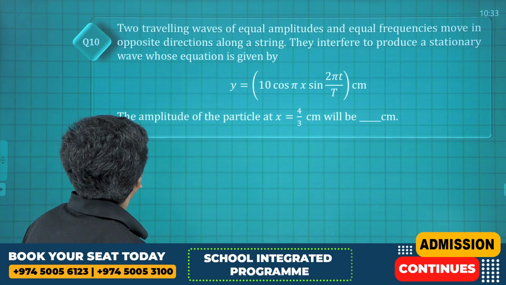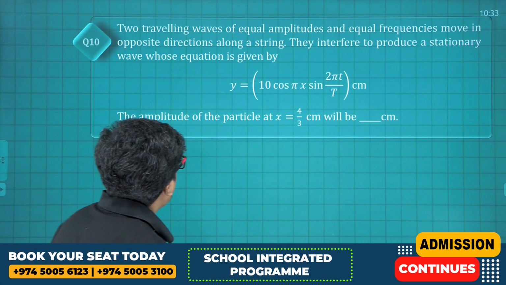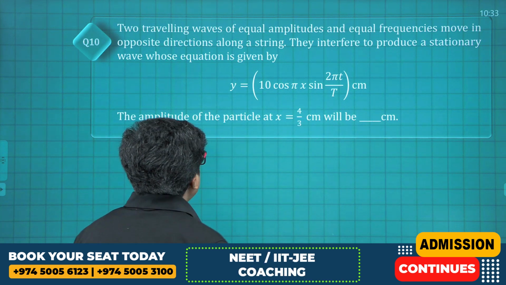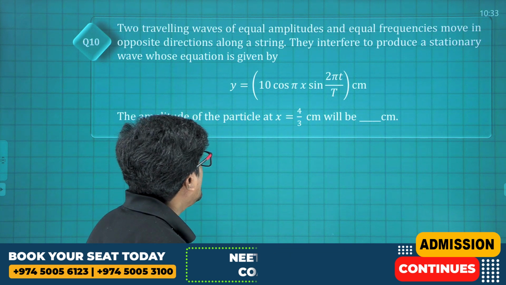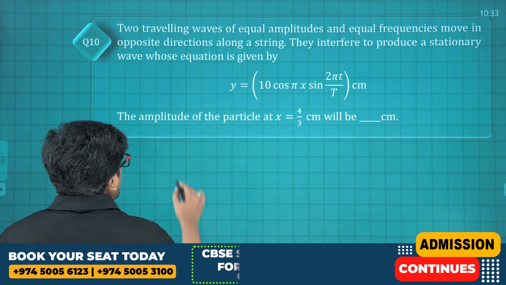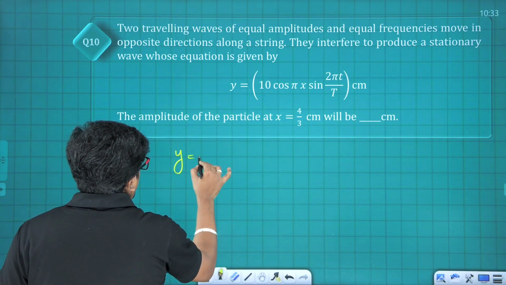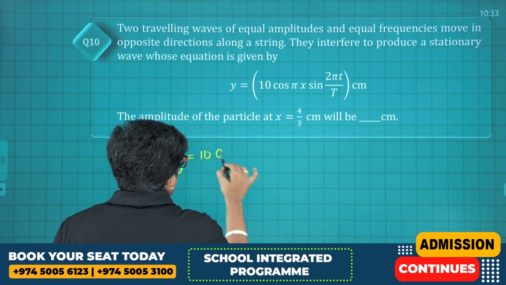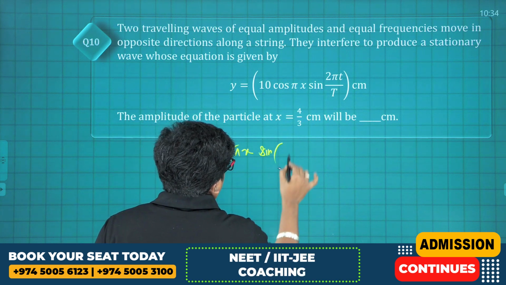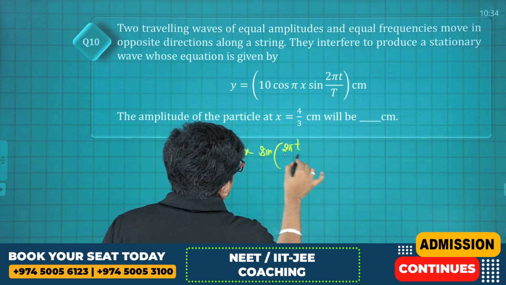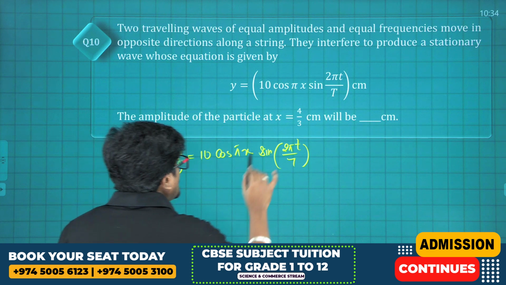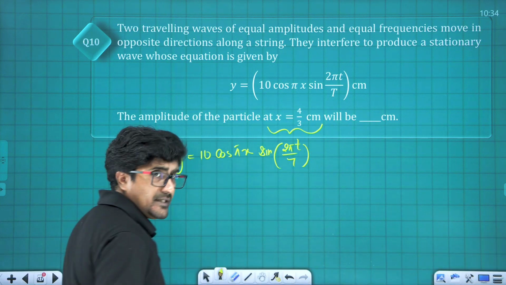Moving to the next. The question says two traveling waves of equal amplitude and equal frequencies move in opposite directions along the string. They interfere to produce a stationary wave whose equation is given by y equals 10 into cos of pi times x into sine of 2 pi small t by capital T. The amplitude of the particle at x equal to 4 by 3 centimeter is.